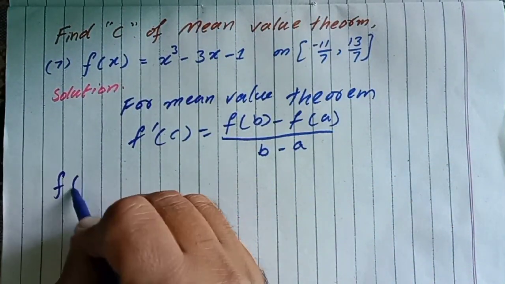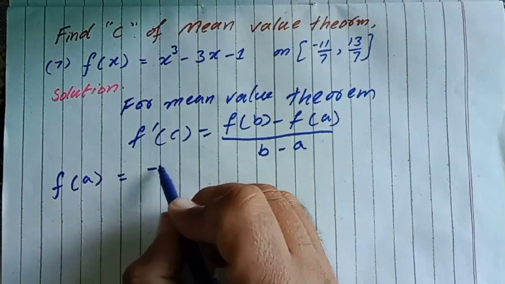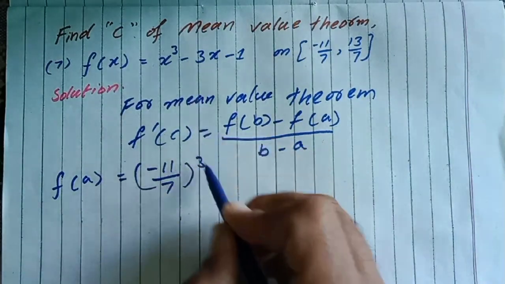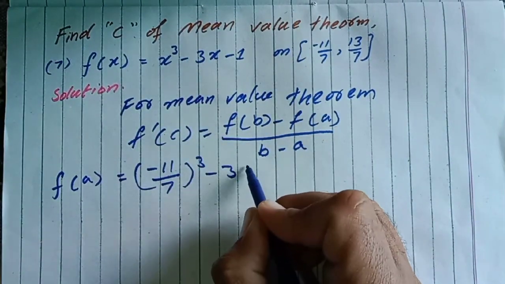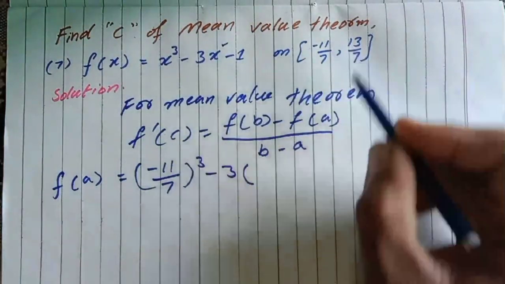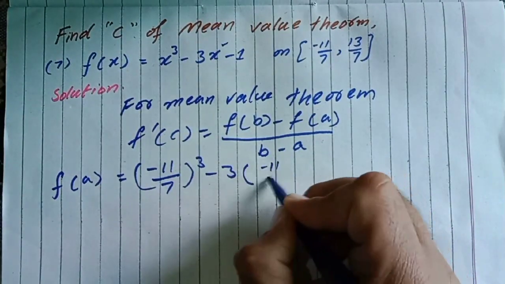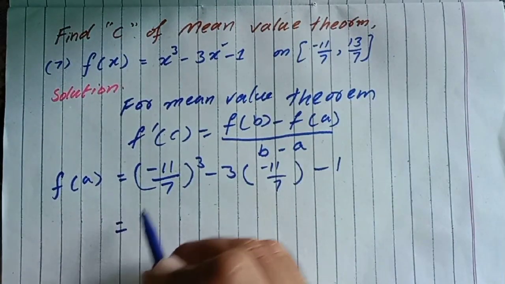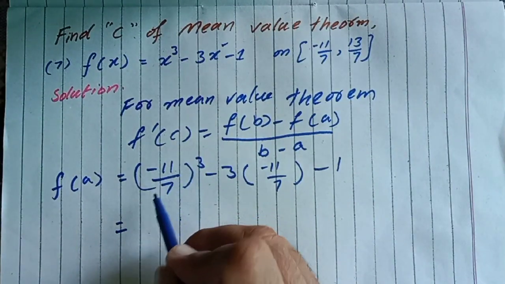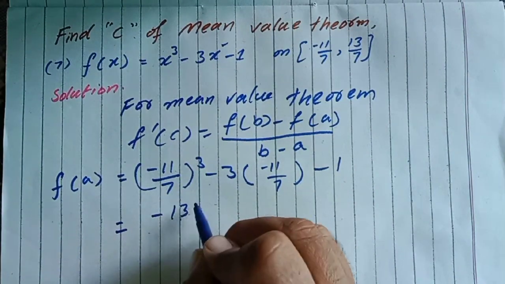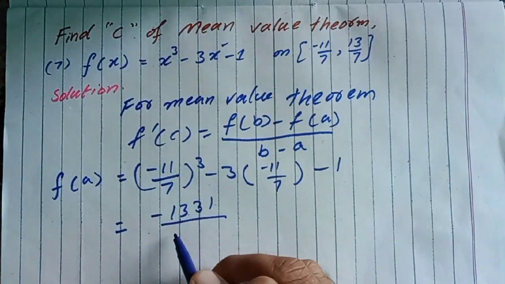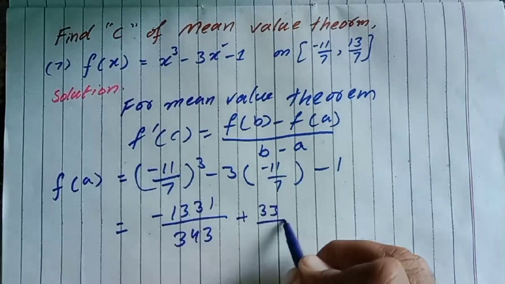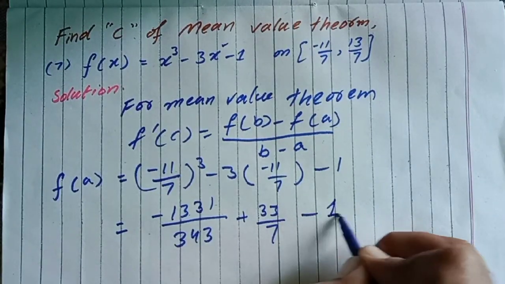Now f(a) = f(-11/7), which is (-11/7)^3 - 3(-11/7) - 1. After completing the square, we get -1331 over 343 plus 33 over 7 minus 1.